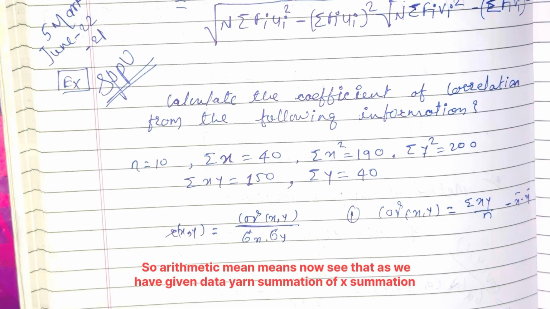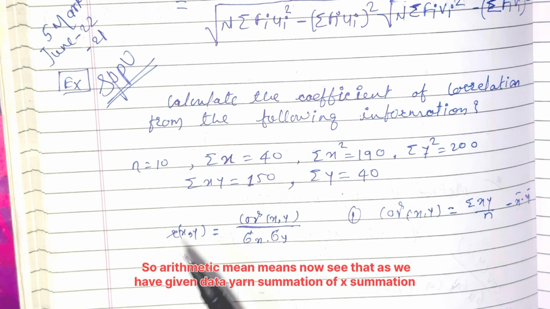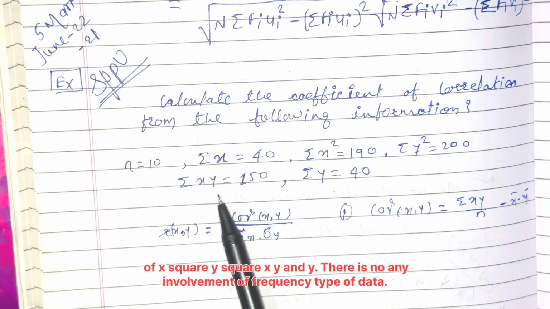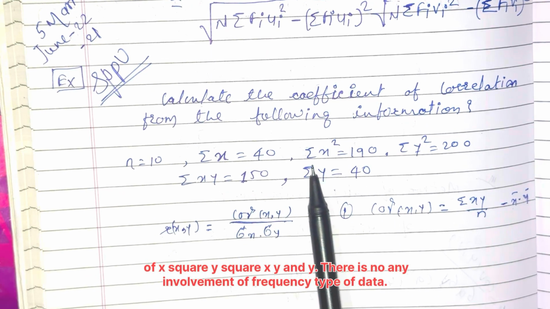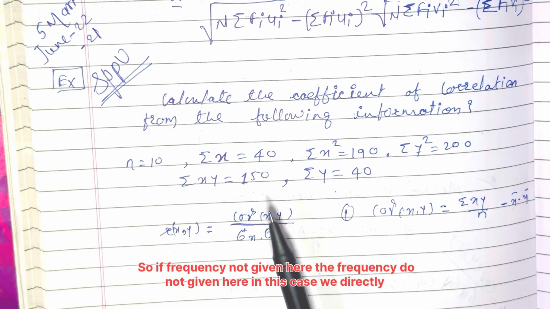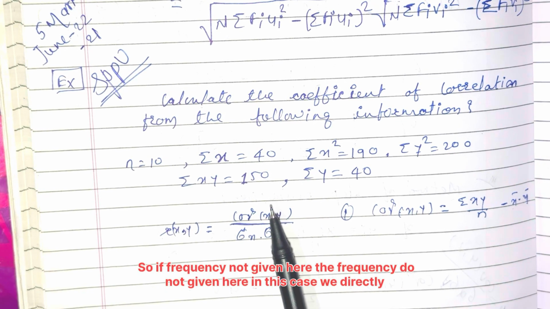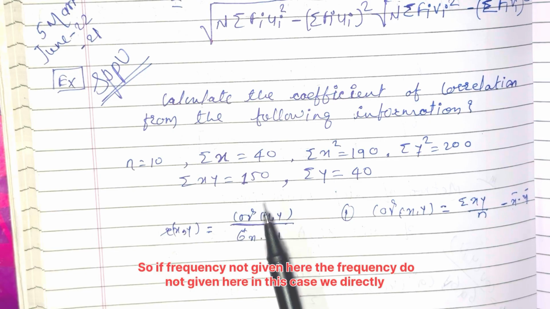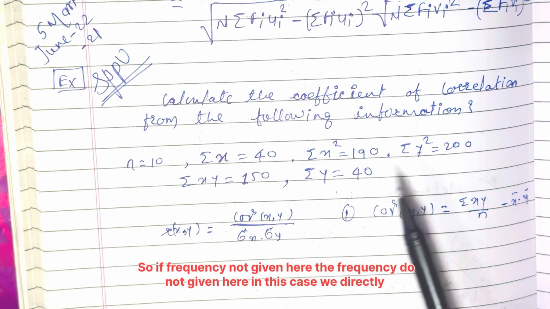As we have been given n, summation of x square, x, y and y, there is no involvement of frequency data. If frequency is not given, we directly take the mean.